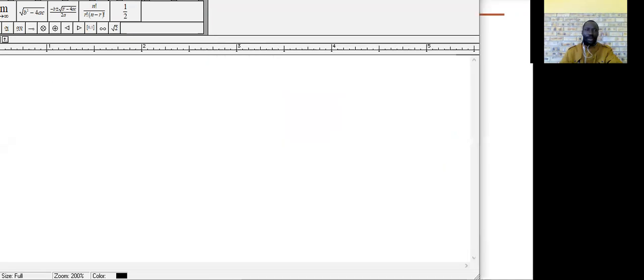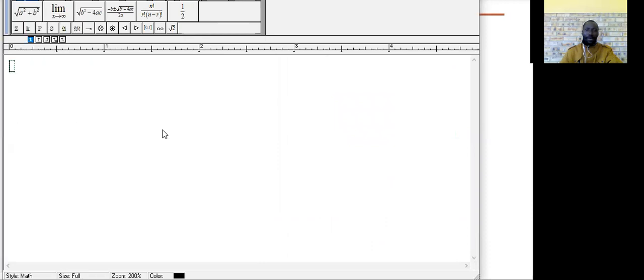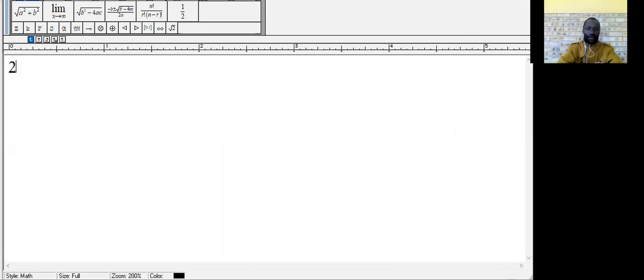All right, how are we going to handle this? Well, let me first write it here. So this is the pattern that we are dealing with at the moment. It's 2, then 6, then 12, then 24. You see?